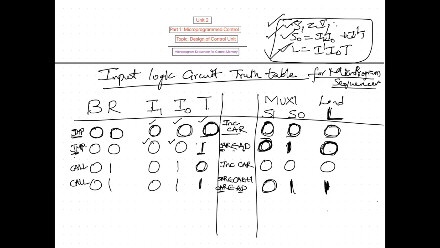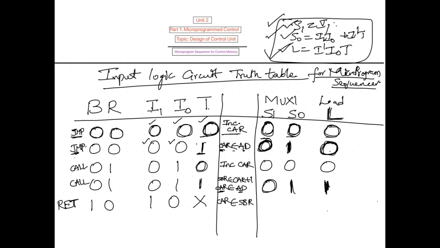Next, if the BR field is 10, you copy 10. This 10 is return. In the case of return, there is no need of test. 10 will not take the test. Here 10 means the SBR register content will be moved to the CAR.